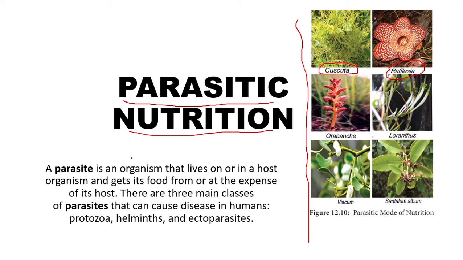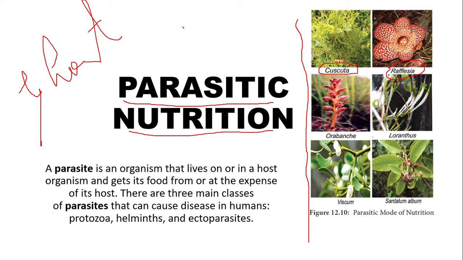These parasitic organisms are so lazy that they don't even prepare their food, but depend on other organisms. They stay on them or inside them, and the host may even be killed because the parasite takes its food.